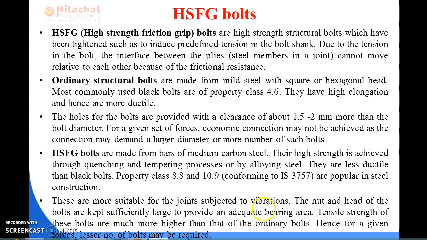The nuts and heads of the bolts are kept sufficiently large to provide an adequate bearing area. The tensile strength of these bolts is much higher than that of ordinary bolts. Hence, for a given force, a lesser number of bolts may be required.